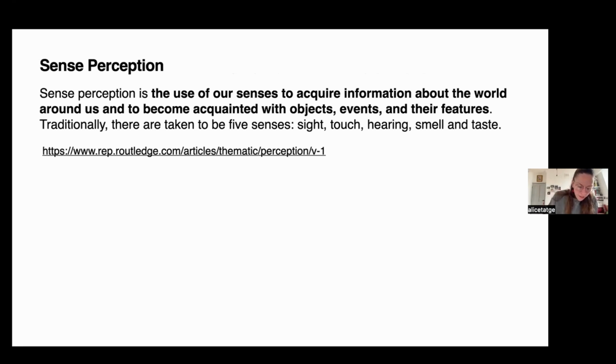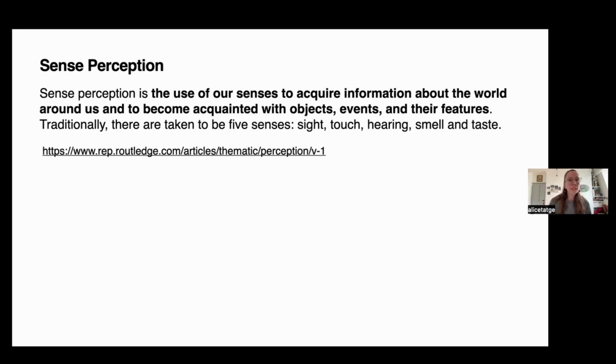So since our brain and our senses respond very differently to virtual environments, when speaking specifically about VR, it is important to integrate a somatic understanding of the basic principles of sense perception, body mapping, and kinesthetic awareness. So just quickly, sense perception.